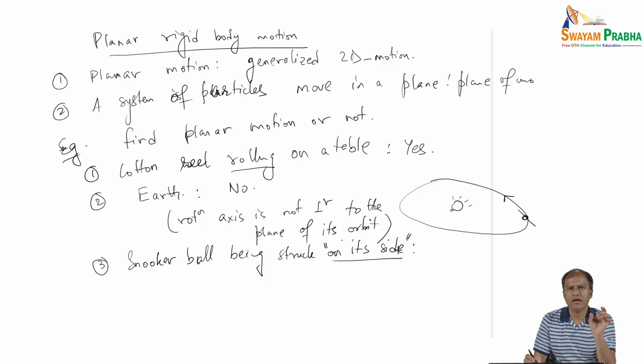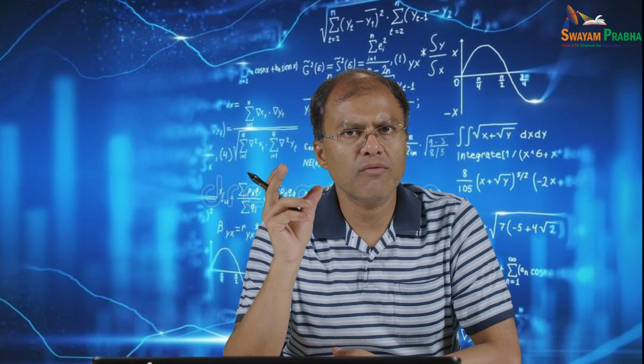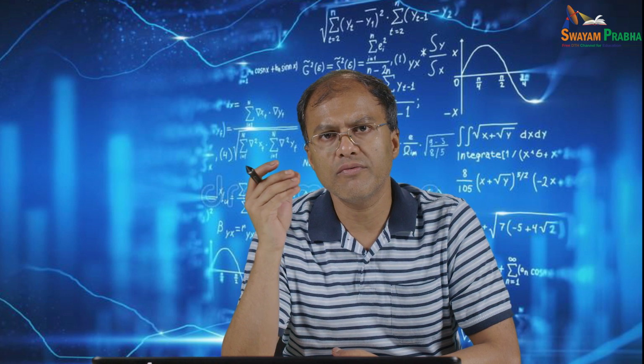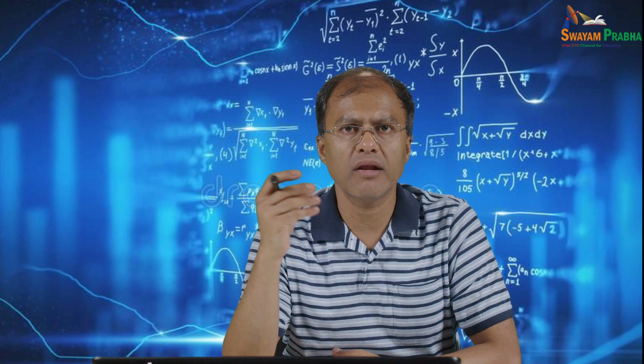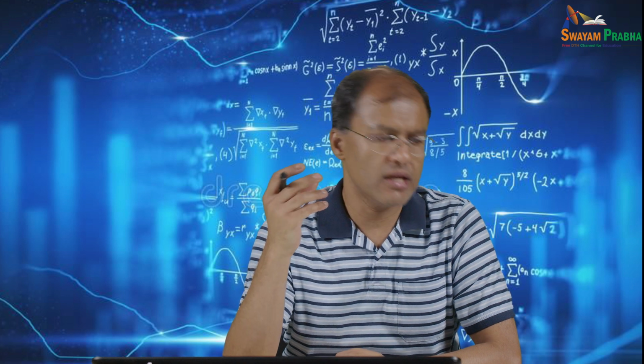So this is not a case of planar motion. This third example is very similar to the earth example. The axis of rotation is not perpendicular to its plane of motion, so the answer here is as well no. We will talk in detail about these billiard ball problems towards the very end, when we talk about gyroscopes, and we will see how complicated this motion is.